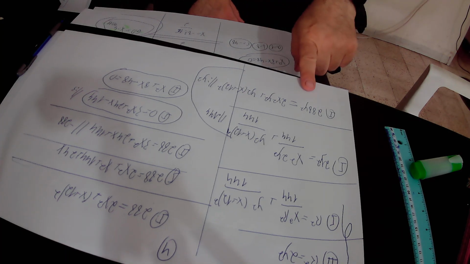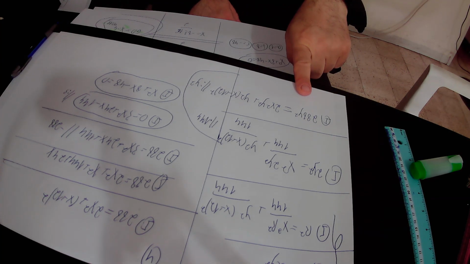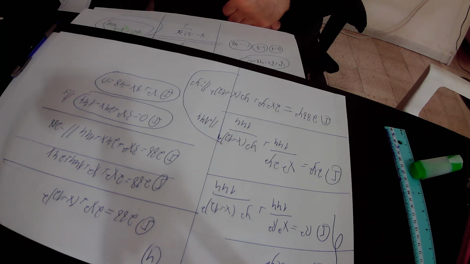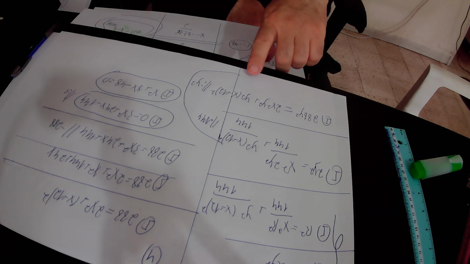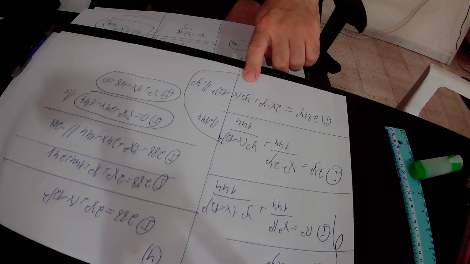Here we divided equation 1 by y squared, and found that 288y squared over y squared is 288, and 2x squared times y squared over y squared is 2x squared. Here y squared cancels, leaving only (x plus 12) squared.